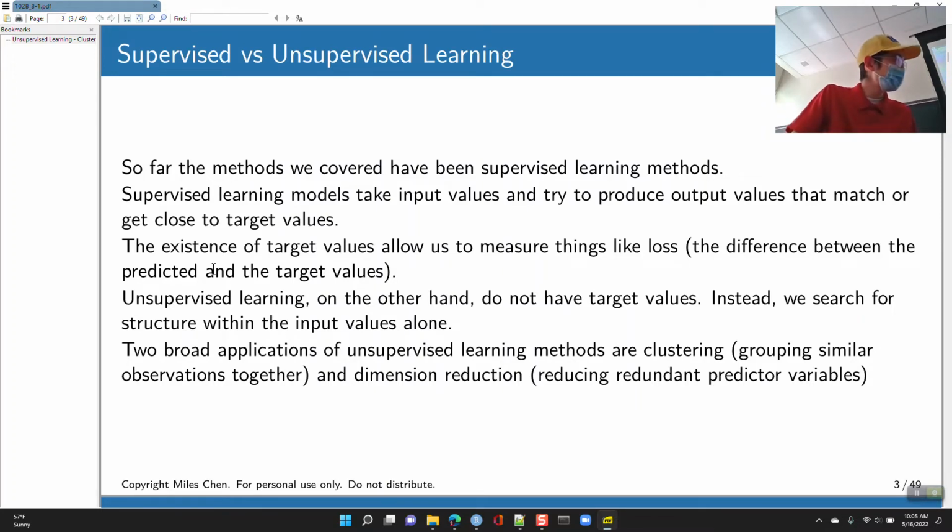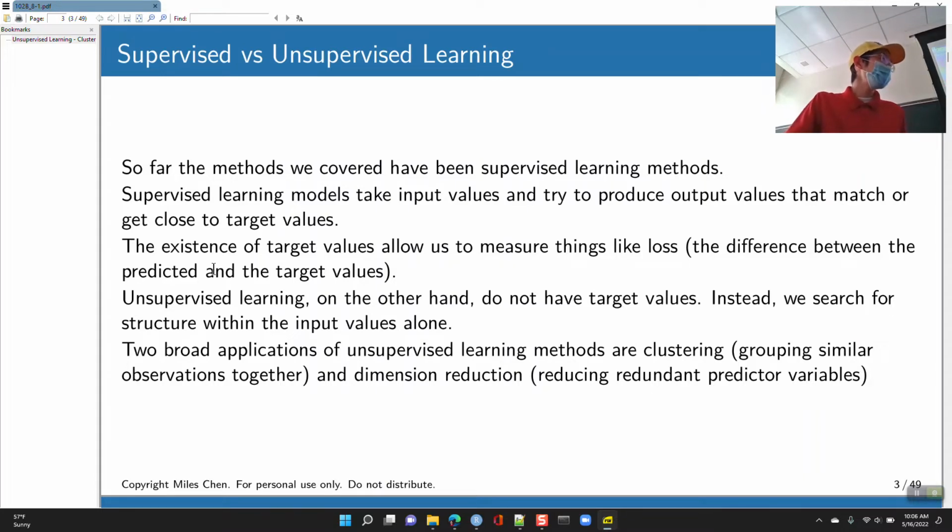As far as unsupervised learning goes, we can try clustering, and another thing is dimension reduction. We'll look at clustering this week, and next week or so we'll do PCA, principal components analysis, which is dimension reduction.